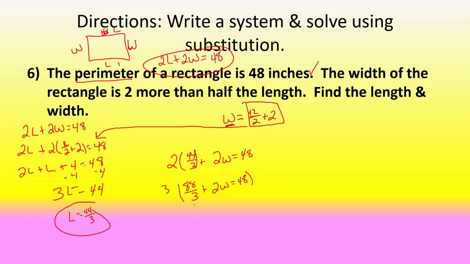3 over 3 gives us 1 times 88 gives us 88. 3 times 2 is plus 6W equals 48 times 3, which equals 144. That's going to be a little bit easier to clean up. So subtract 88 and that gives us 56.